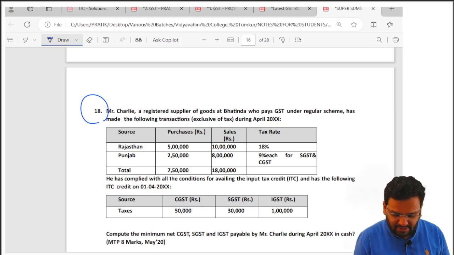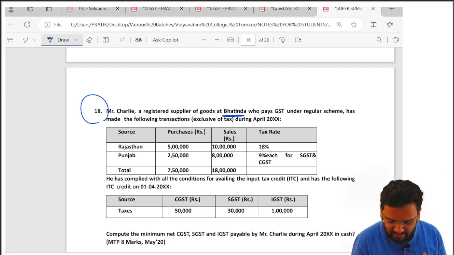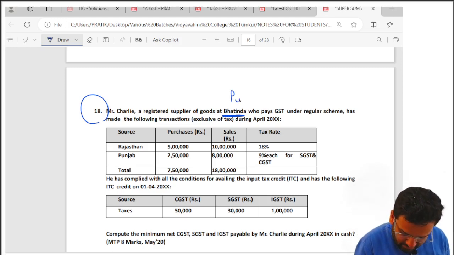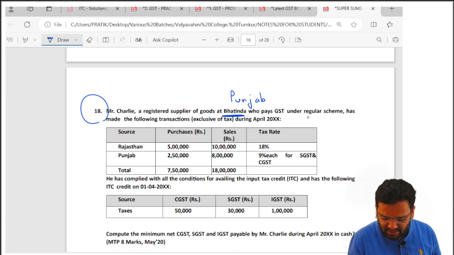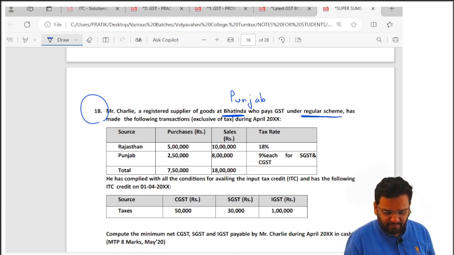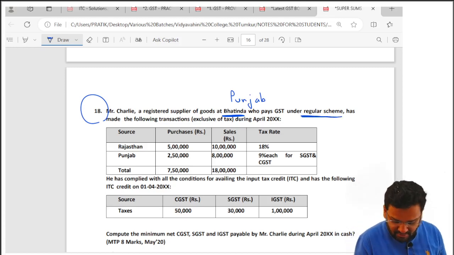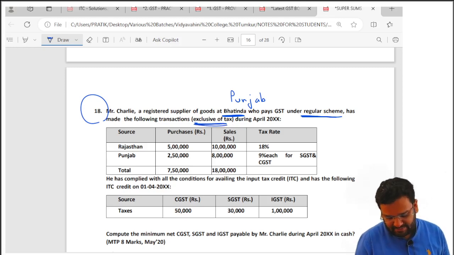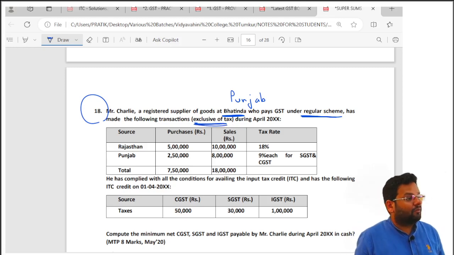Mr. Charlie, registered supplier of goods at Bhatinda. Bhatinda means in Punjab. Pays GST under regular scheme, has made following transactions exclusive of tax. Okay, what is this?